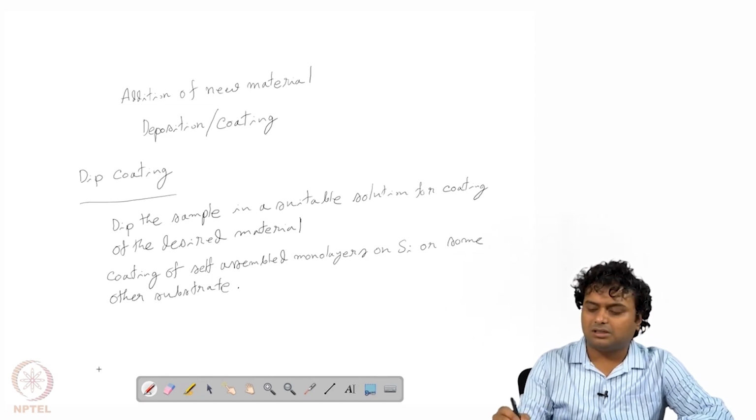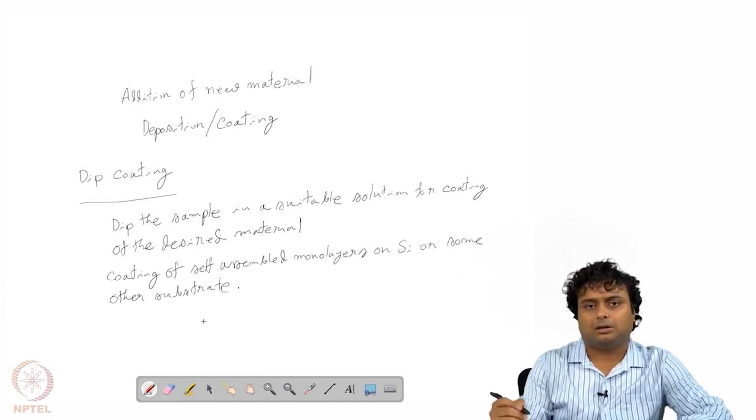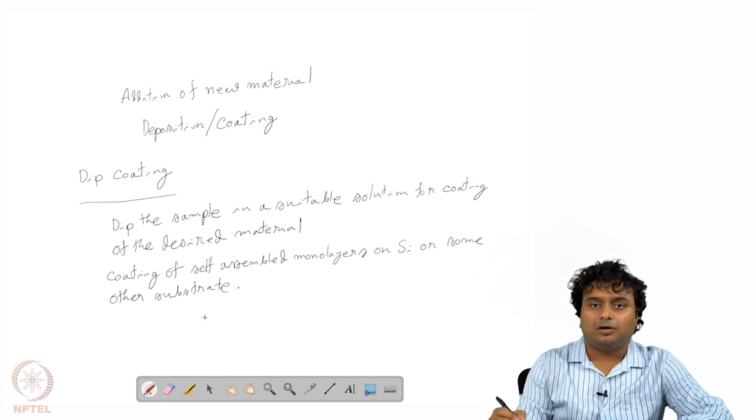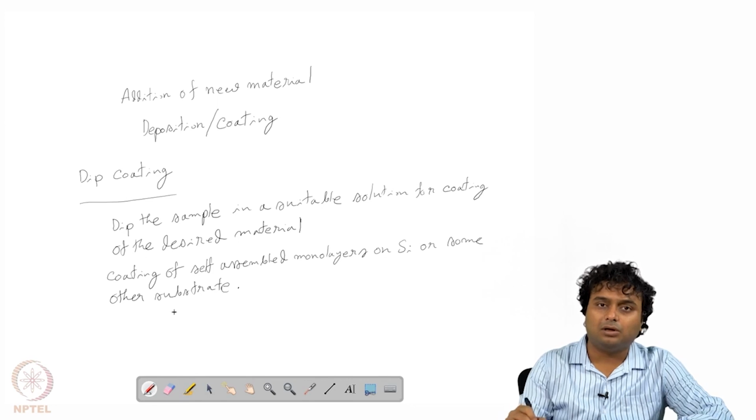So what is a self-assembled monolayer? These are molecules which assemble themselves according to their molecular arrangement, and all of the molecules are arranged in a similar fashion. So on a sample, they coat similarly.